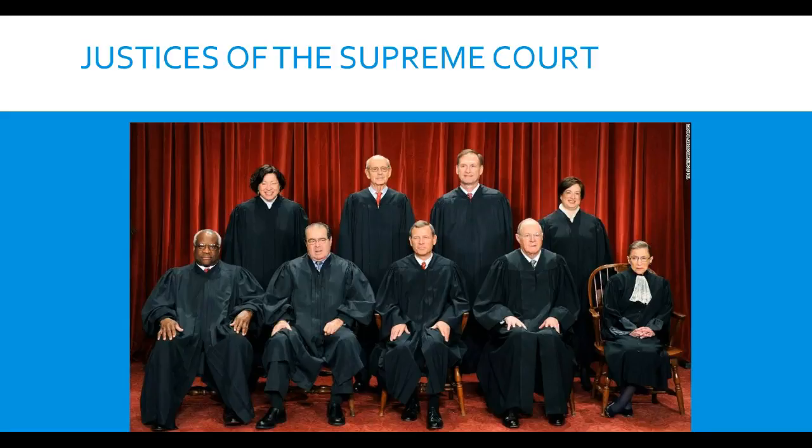Some choose to retire. A total of 54 justices have retired or resigned. The average age of the newly appointed justices is about 53 years old. Historically, the average length of service on the court has been less than 15 years. However, since 1970, the average length has increased to 26 years.